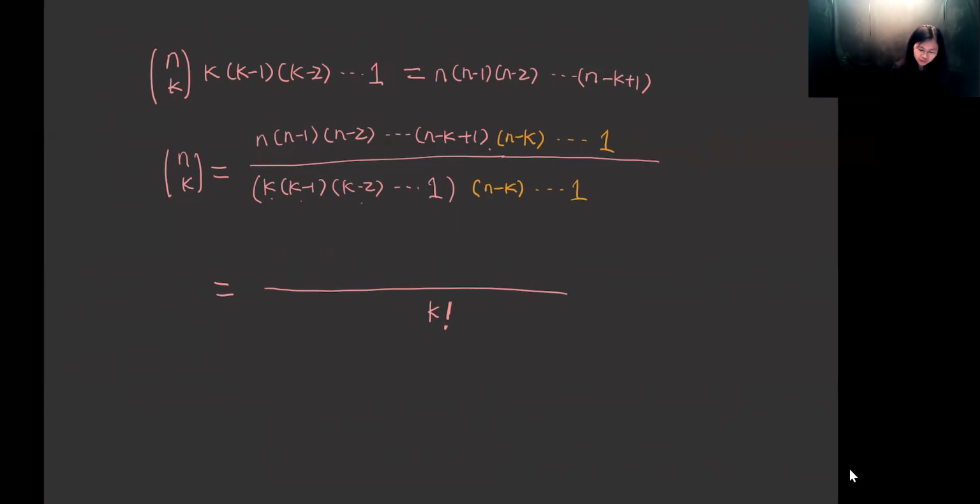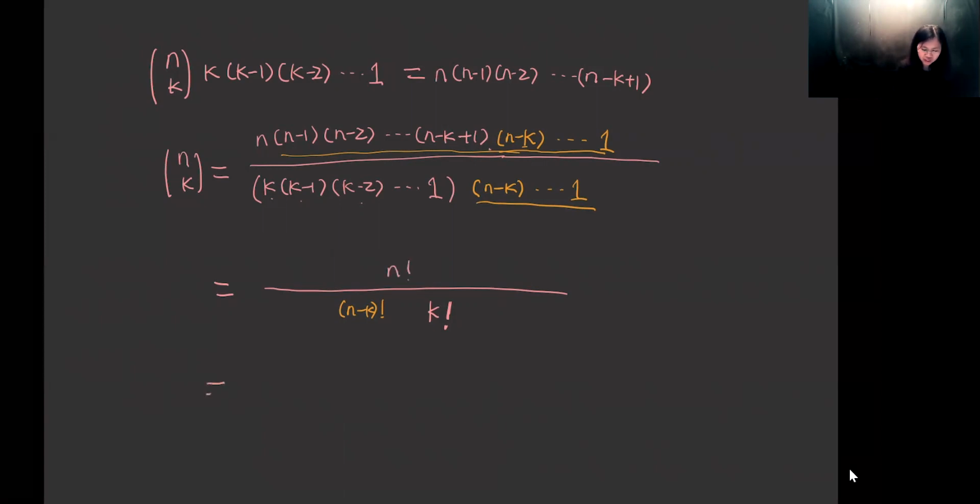And we find that the quantity we use to complete this factorial is also a factorial. It is n minus k factorial. And on top, the one that we completed is n factorial.